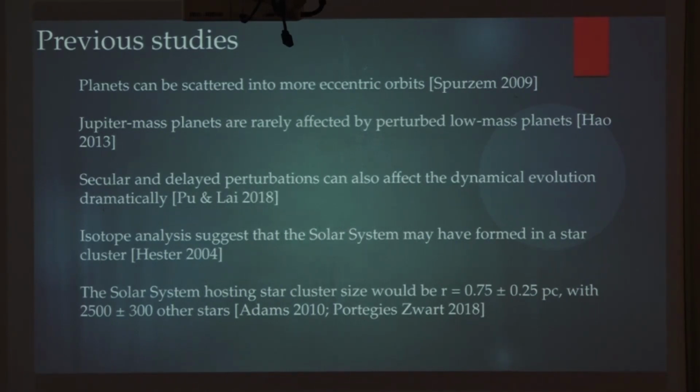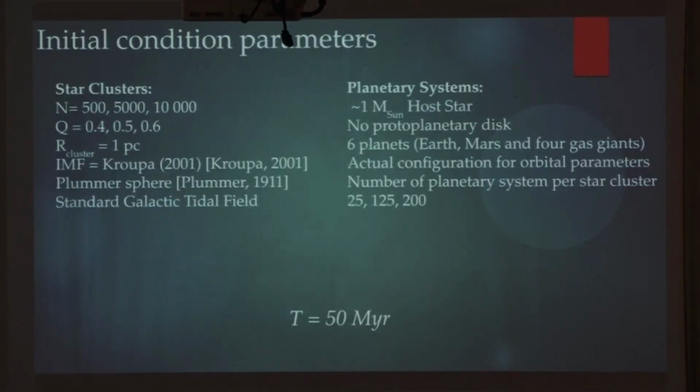Jupiter mass planets, what's more, are relatively not perturbed by low mass planets, and this means, in our case, Earth and Mars. We also have secular and delayed perturbation, and we also know that the solar system may be born in a star cluster.